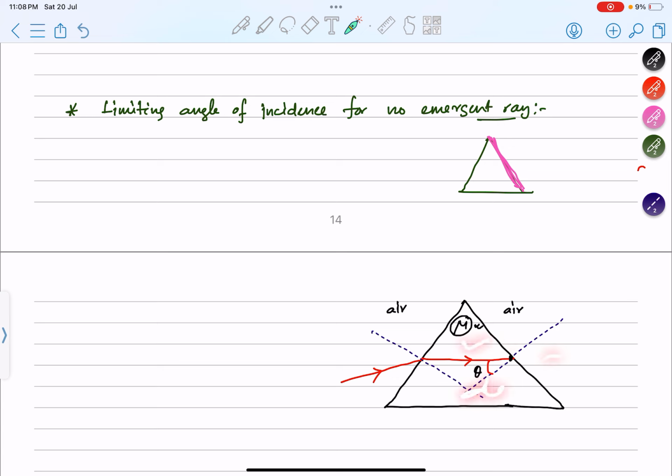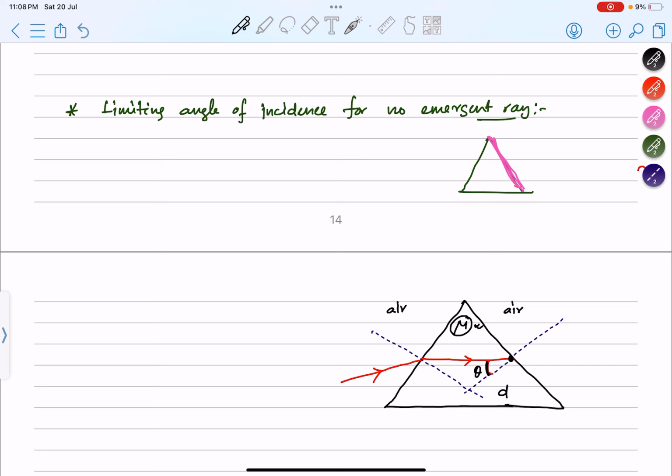This is denser and this is rarer. So if it happens that the angle of incidence at this surface is greater than the critical angle for the material of the prism, then there would be no emergent ray.